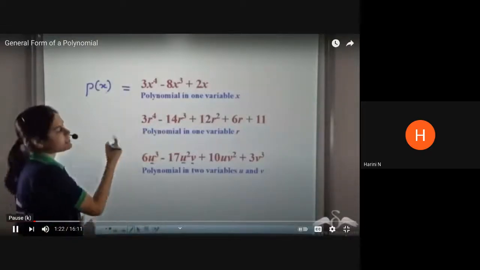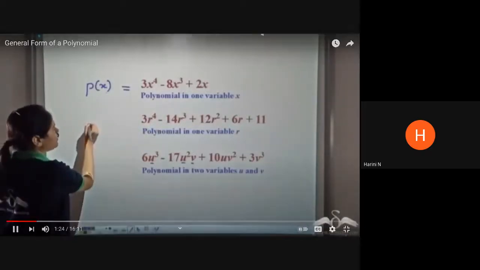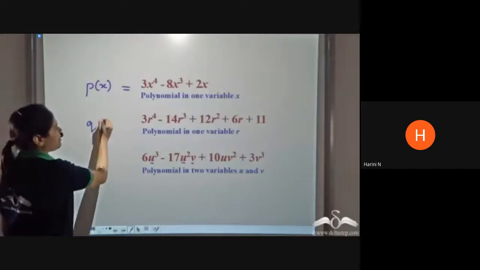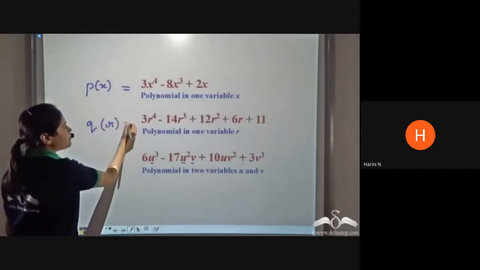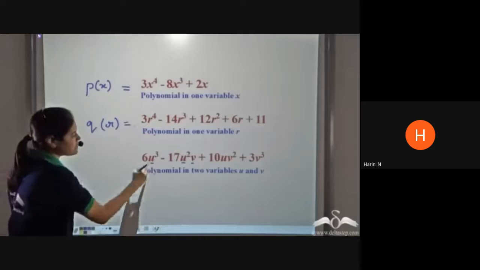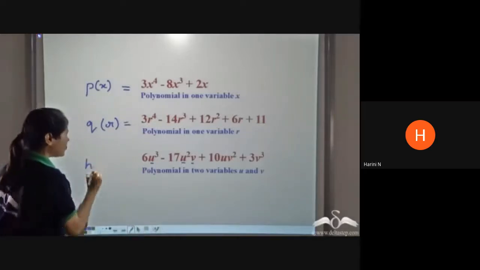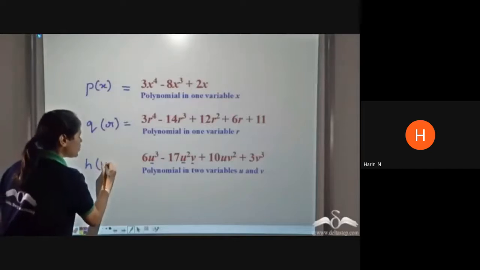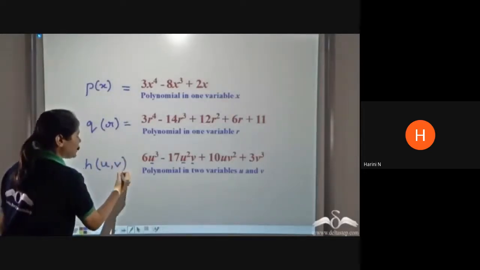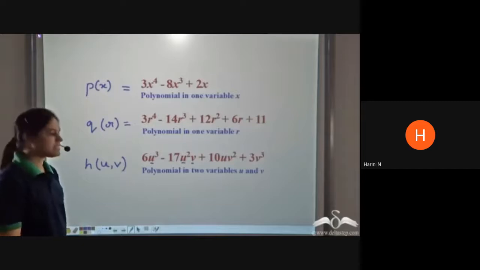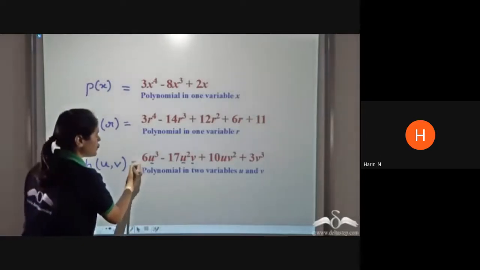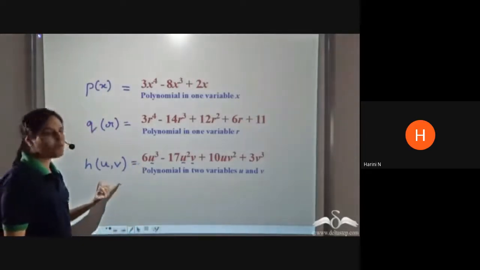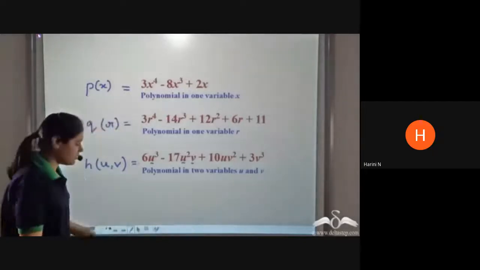Similarly, we can denote this polynomial by any letter. Say we take q and we write the variable r within brackets. This polynomial can be denoted by another letter, say h, and since there are two variables, we write both the variables within brackets. So h(u,v) is a polynomial in two variables u and v.